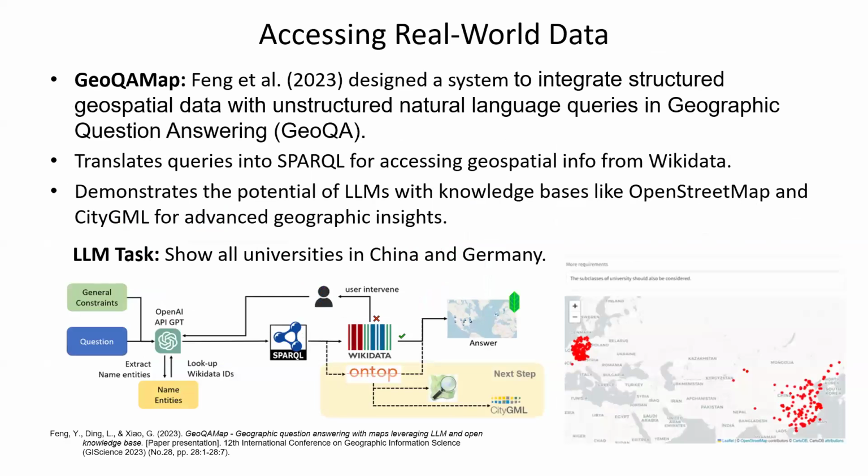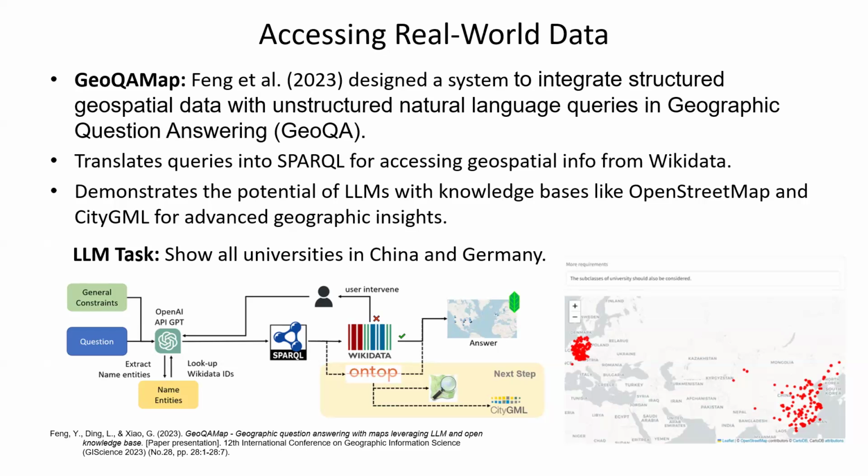Another project, GeoQA, geographic question answering, focused on making geospatial data accessible through natural language queries. It could translate a question into a format that could retrieve and display information from a knowledge base like Wikidata.